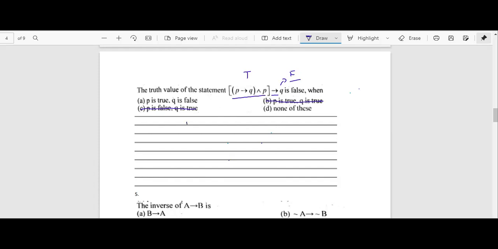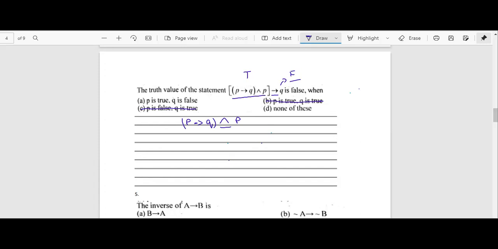All right, so for this, we have P implies Q and P. Obviously here we need to focus on this part. I'm saying intersection because if I convert this logical statement to sets, this is intersection, right? But here let's call it and, okay?